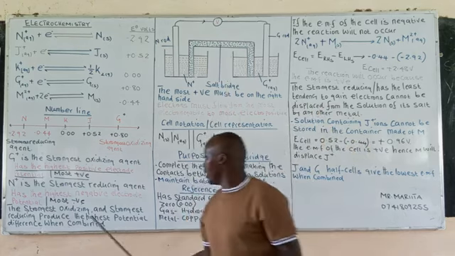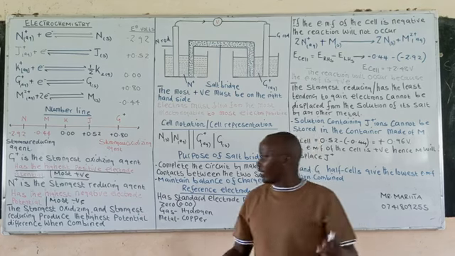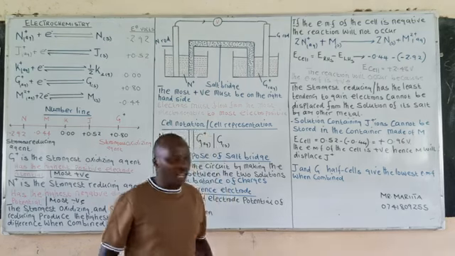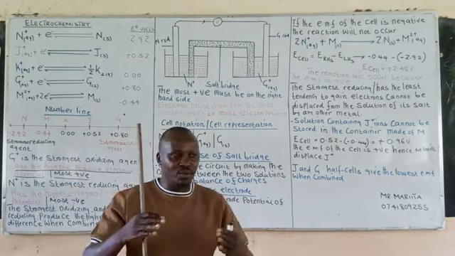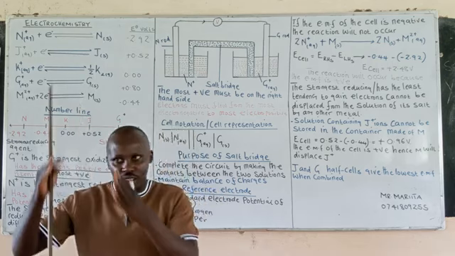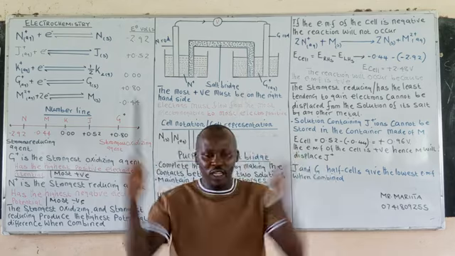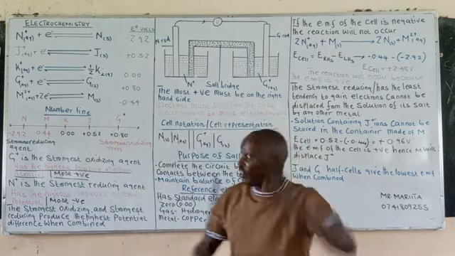So when you are asked to identify two elements or two half cells to combine to give the highest EMF, identify the most positive and the most negative. When you combine those two, they will give the highest potential difference of the cell.